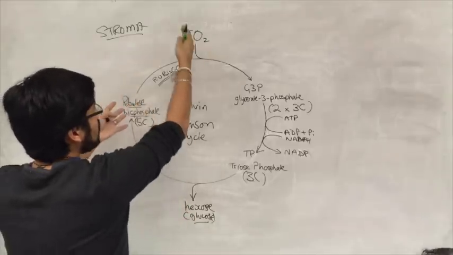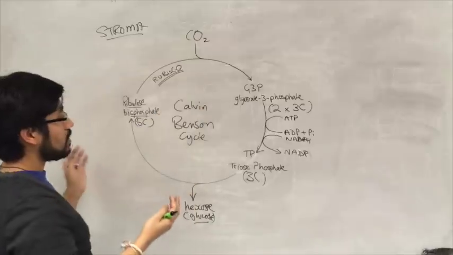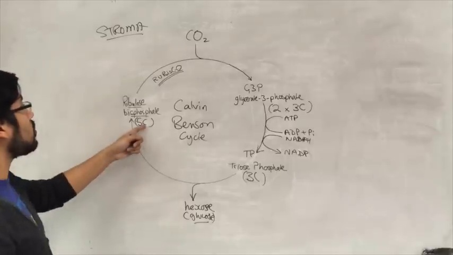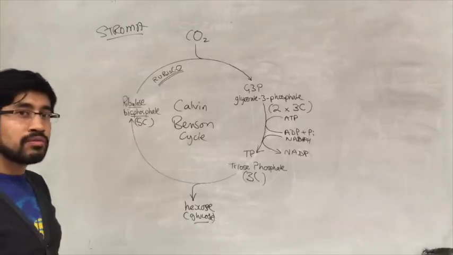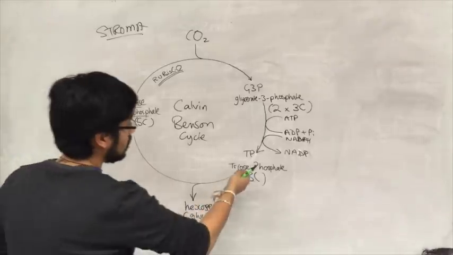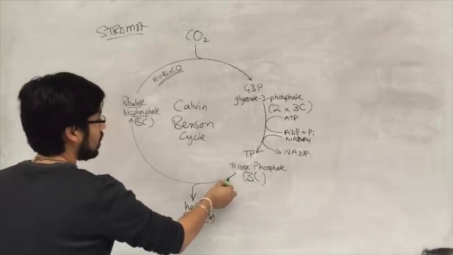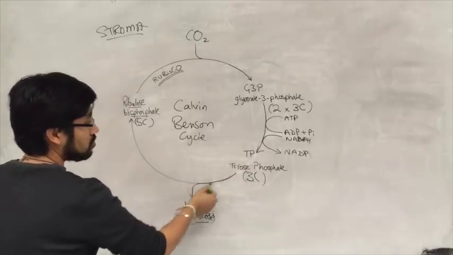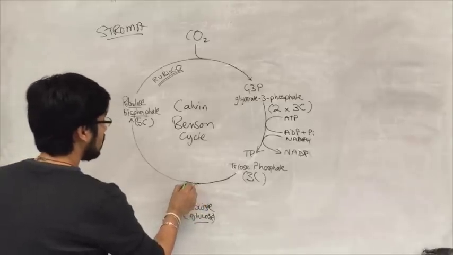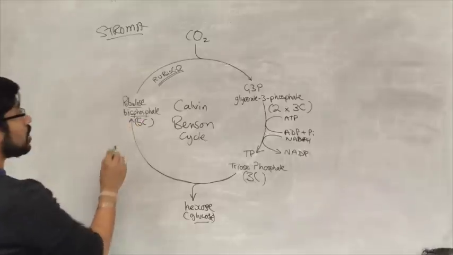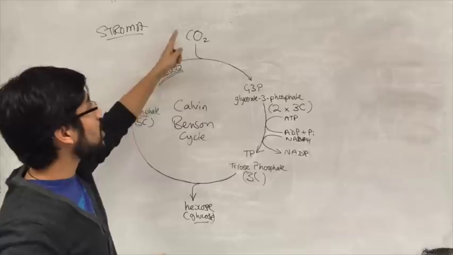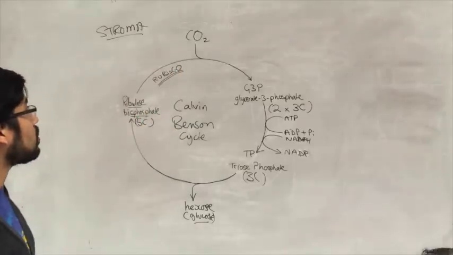We wouldn't be able to fix any carbon dioxide if we didn't somehow regenerate this 5 carbon molecule, ribulose bisphosphate. So what we need to know is that whereas some of the triose phosphate is used to produce glucose, some of it is also used to make sure that we regenerate ribulose bisphosphate so that we can combine it with more carbon dioxide.